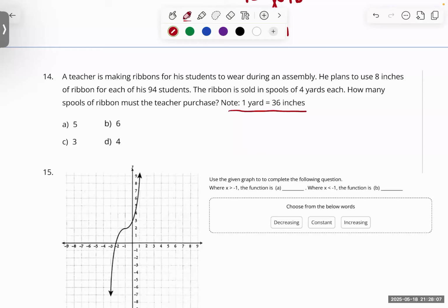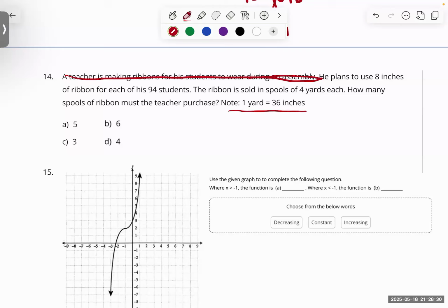So first of all, let's look at the question again. The teacher is making ribbons for the assembly. I don't care about that sentence. It doesn't tell me anything I need to do math related. So we're keeping it simple for ourselves. He plans to use 8 inches of ribbon for each of his 94 students.